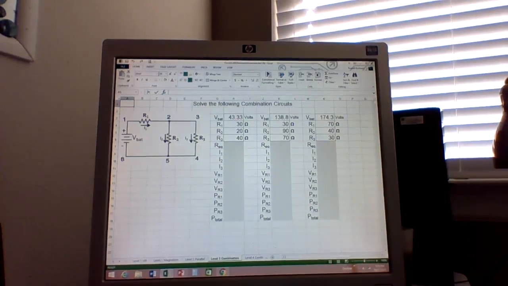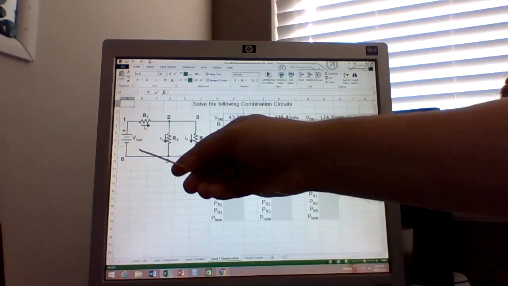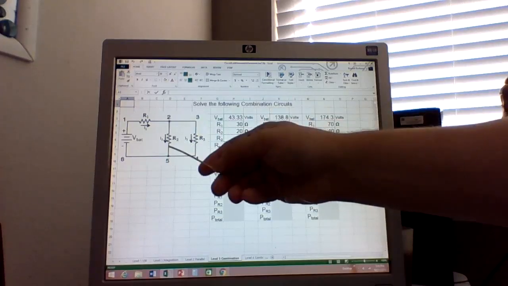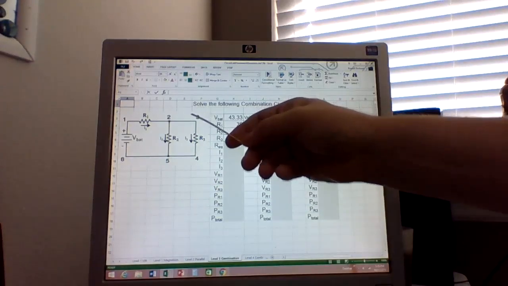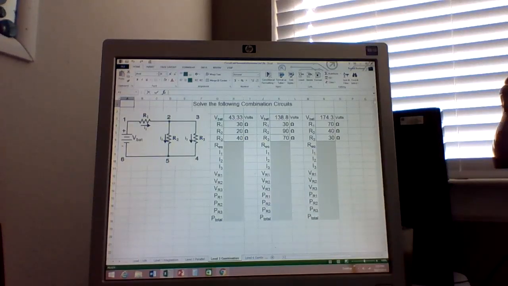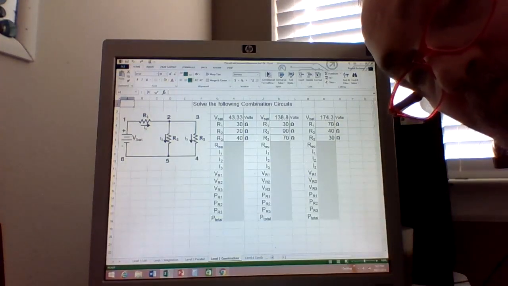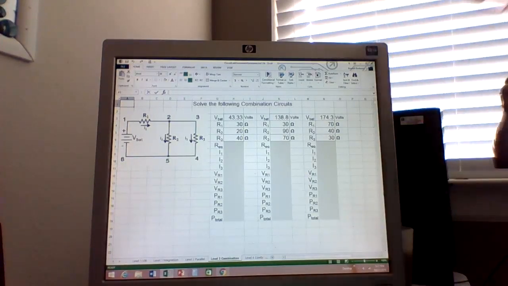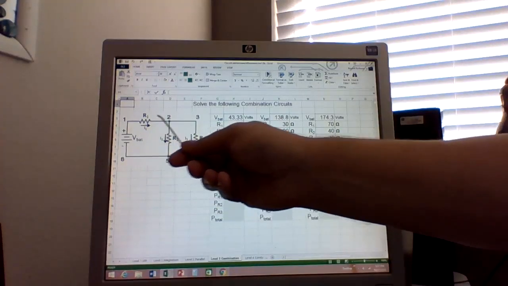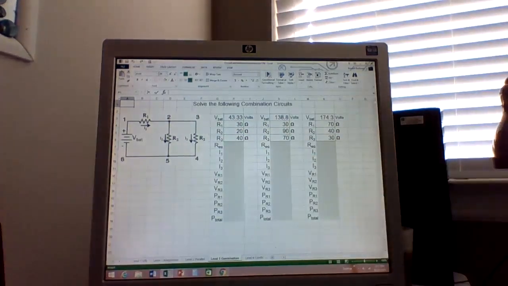So if this is 43.33, this is 30 volts right here. What's the voltage from 2 to 5, which would be VR2? This one should be pretty easy as well. This is 43.33 volts. This is 30 volts from here to here. So what does this have to be?